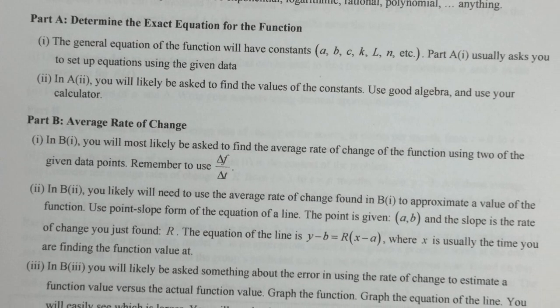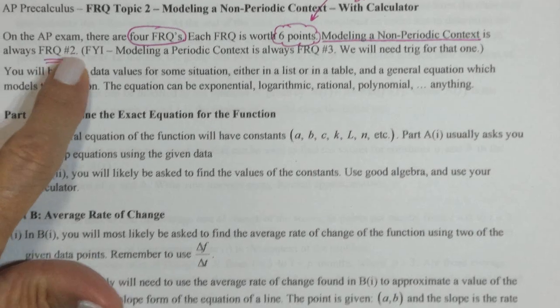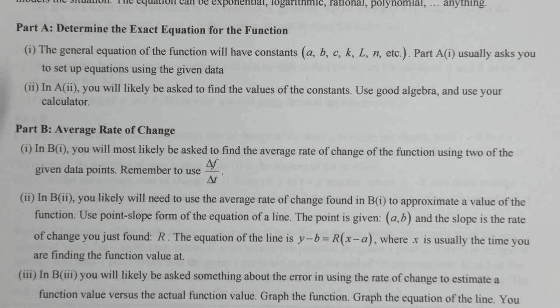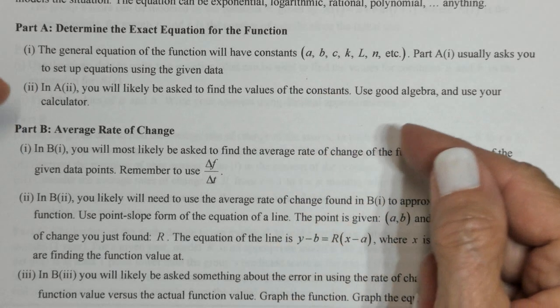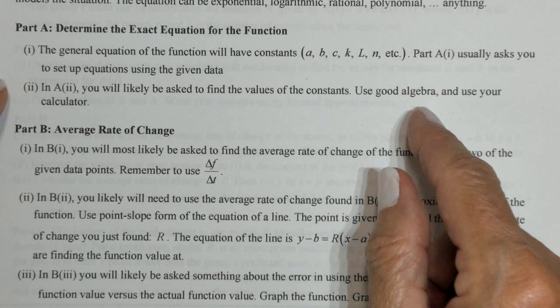These do have some similarities for this FRQ, for topic 2 here. Part A is always to have you find the constants of an equation that you're given. Always.